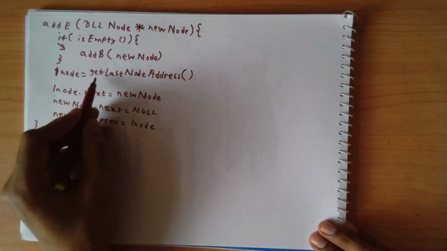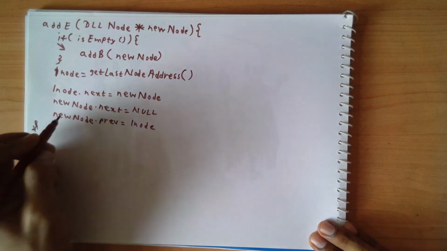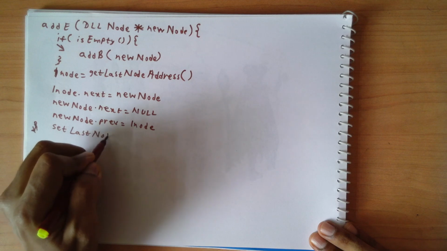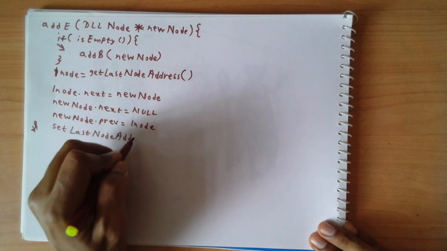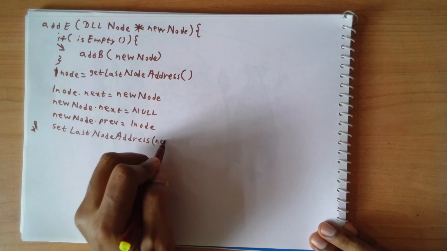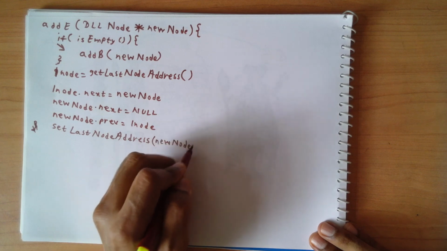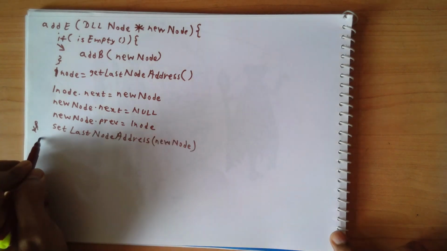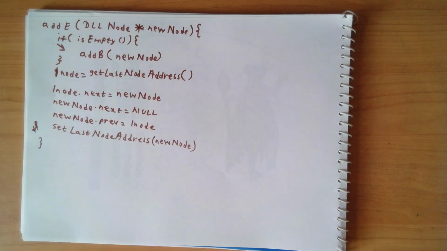So just like we have getLastNodeAddress, we should have setLastNodeAddress, and we should send the address which is the new node. So we should update it if we change it, and that's what our add at the end operation on a doubly linked list is.